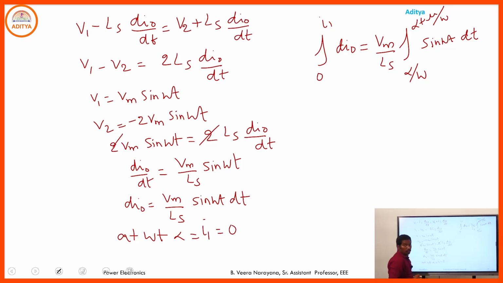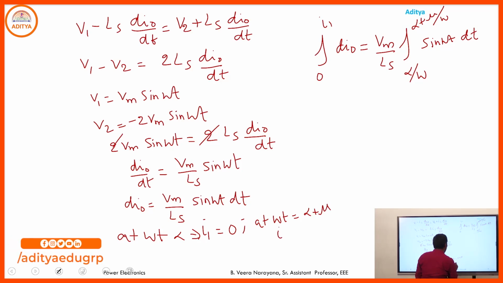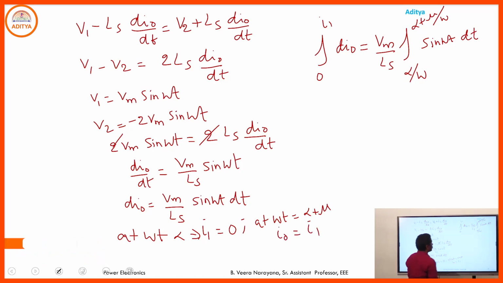That is equals to 0. And at omega t is equals to alpha plus mu, what is the I naught? It is I1.